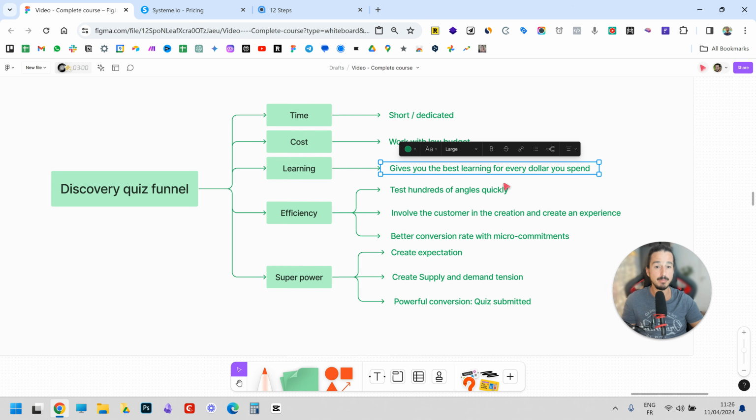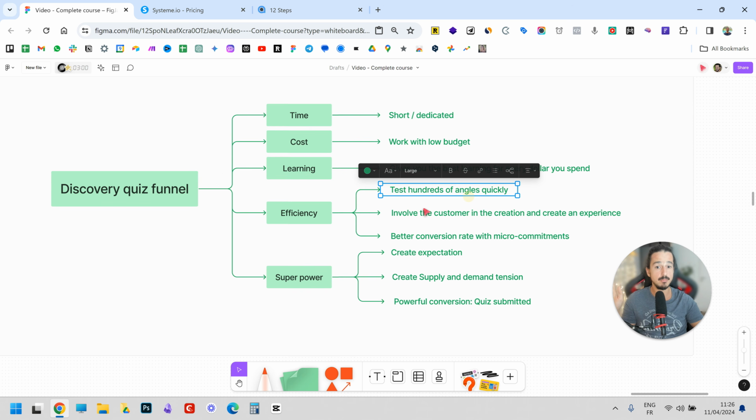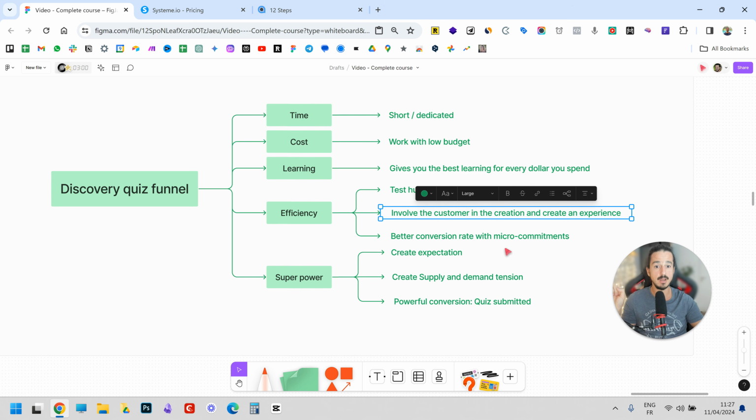As you have seen, it gives you the best learning for every dollar you spend. Once you understand how to do it, then you can definitely learn a lot very quickly. You can test hundreds of angles with the marketing campaign that we have seen before.